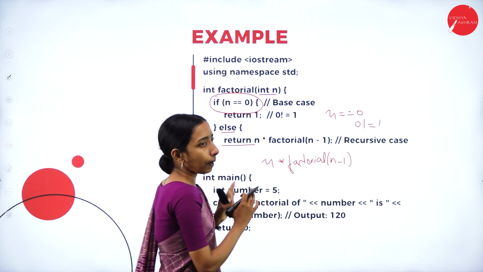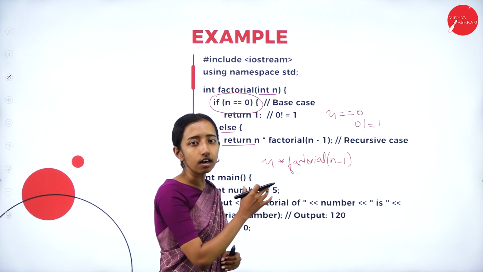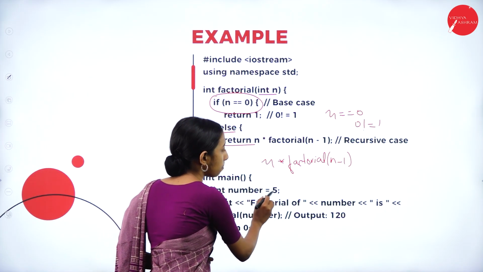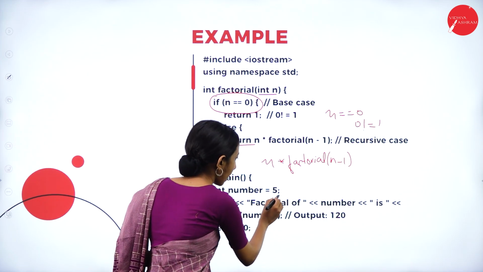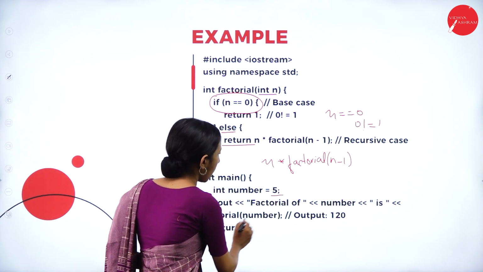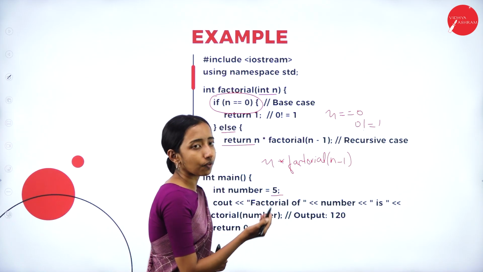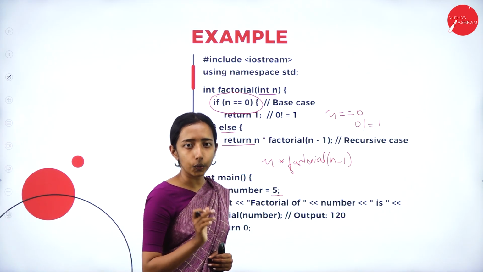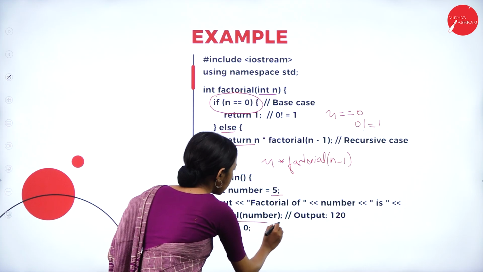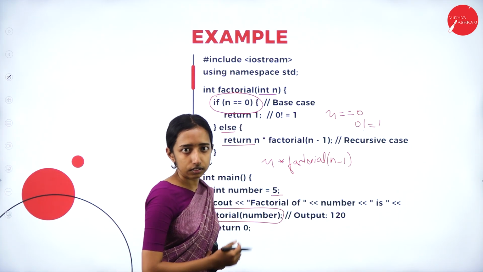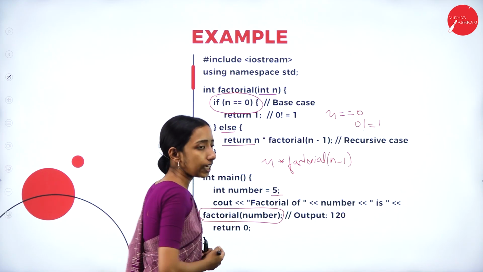This is the main part of the factorial function. In main, int number equals 5, the number I have given is 5. cout factorial of number gives the output 120. Here I am passing the factorial recursive function in the cout.